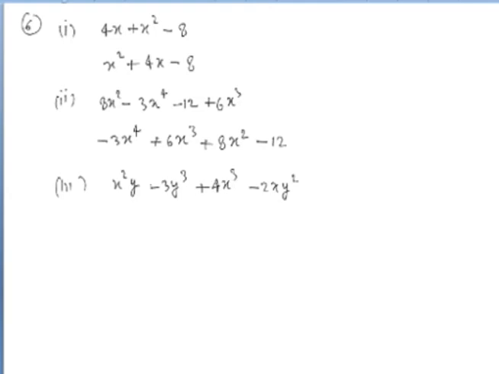Okay, so we'll see only x. So the highest power of x is this. So 4x cube, then x square plus x square y, then x minus 2xy square. Here the power of x is 0, so minus 3y cube. In this way we have to arrange this polynomial.